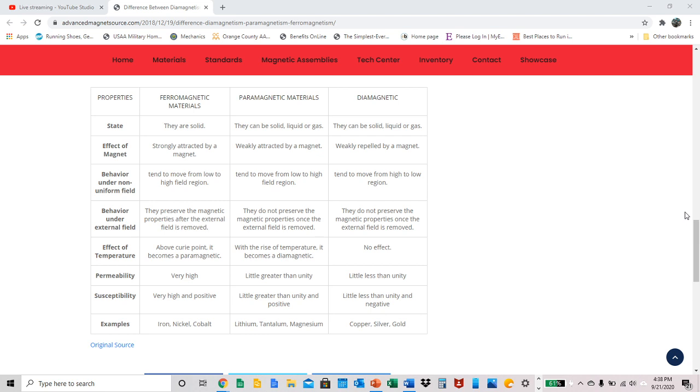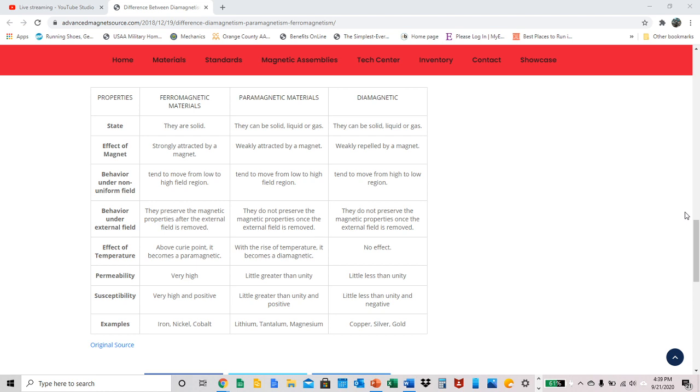Permeability is something that we need to know, especially as AMT mechanics. Permeability has a big deal to do with our instruments, so that magnetic fields don't interfere with our instruments.